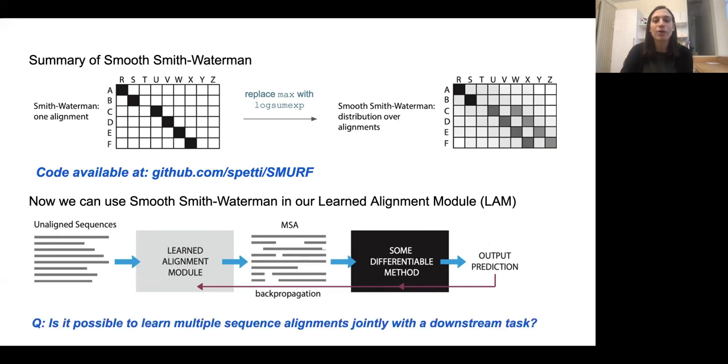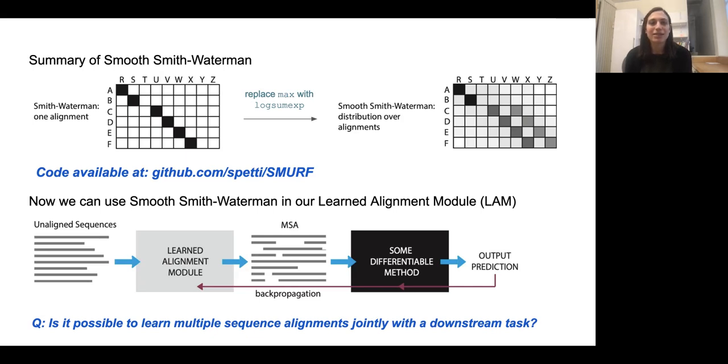Of course, I hope at this point I've written this function down and you're convinced that it's differentiable. So sure, you can put this function in and learn with it. But the bigger question is, does it work? Is it going to be possible to learn alignments jointly with a downstream task?